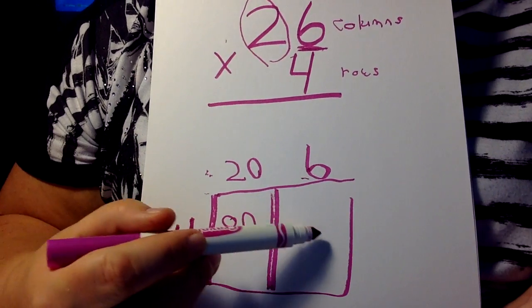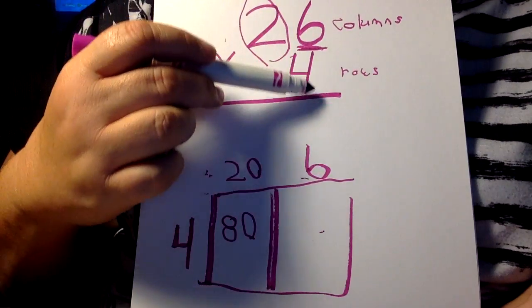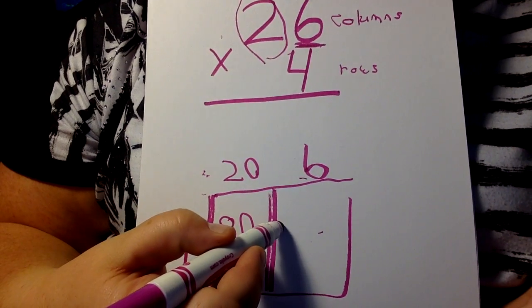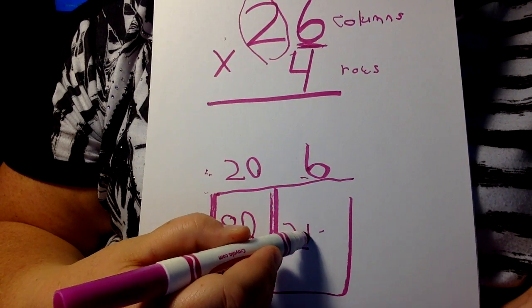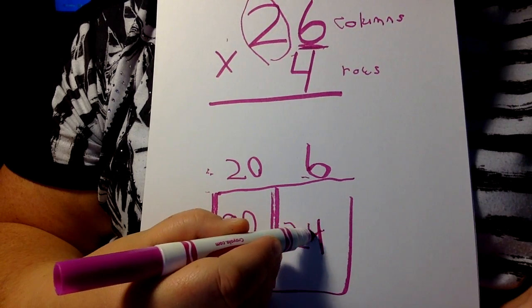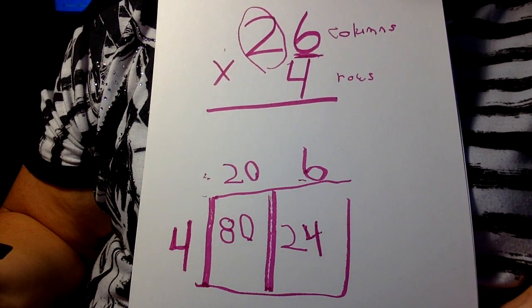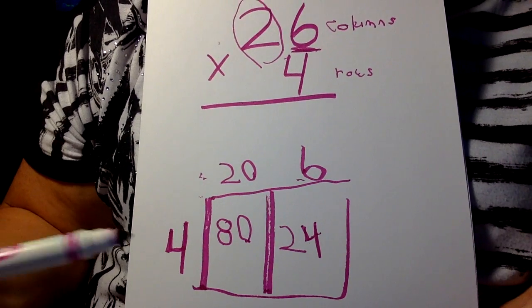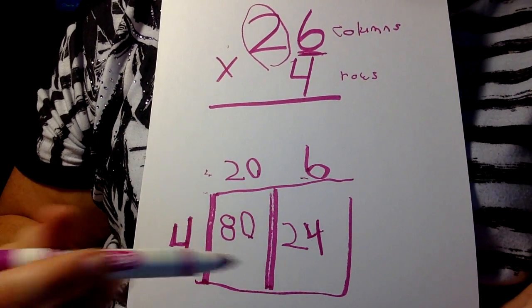Now we're going to multiply this column and this row. So that's row 4. 4 times 6. And what is 4 times 6? 24. But I wonder what the answer is. Is the answer 80 or is the answer 24? I wonder what we should do.